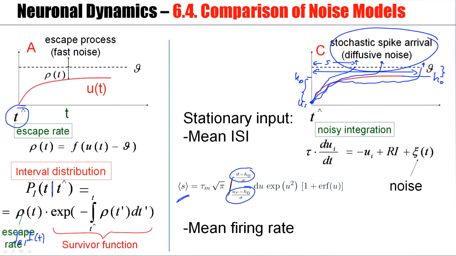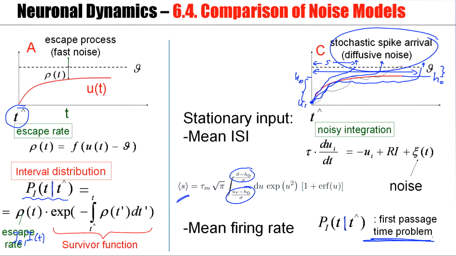In fact, calculating this quantity, the time-dependent interval distribution, for the case of a diffusive noise model is classified as the first passage time problem. And if a mathematical problem gets a name, that means it's difficult.